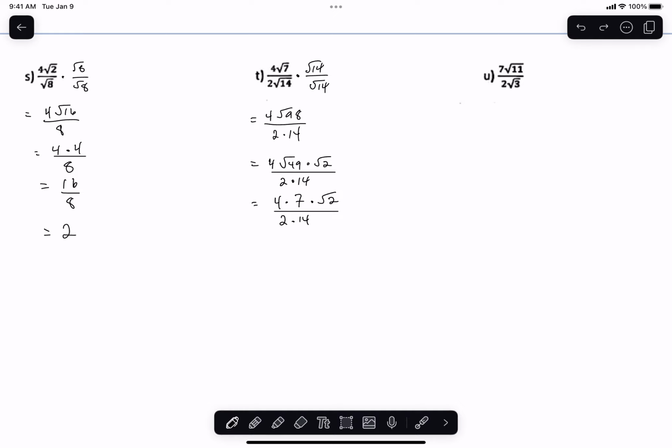So 4 divided by 2 is going to reduce to 2, and 7 over 14 is going to reduce to 1/2. Then I'm going to multiply that by root 2 over 1, and then I can see the 2's end up dropping out. Okay, and all I'm left with is just root 2.